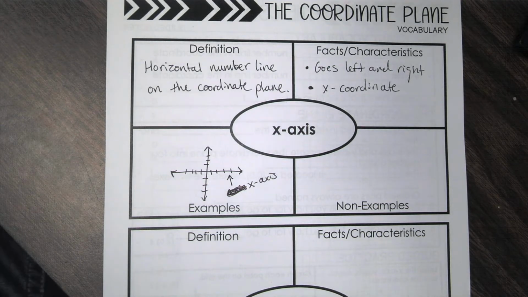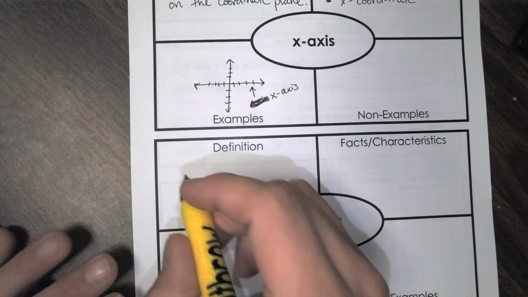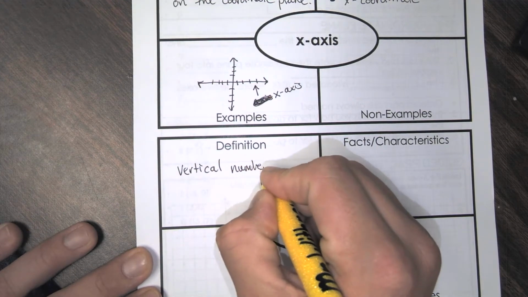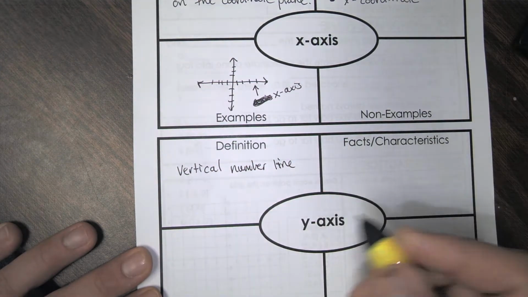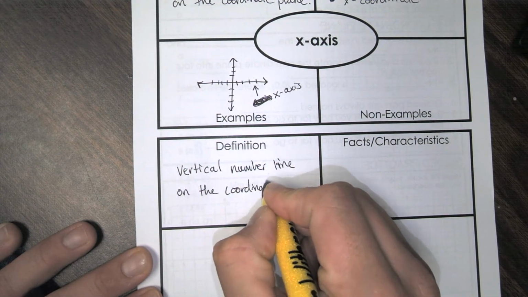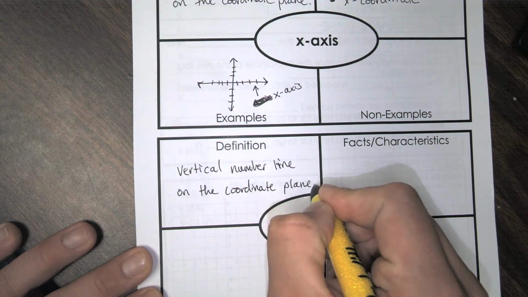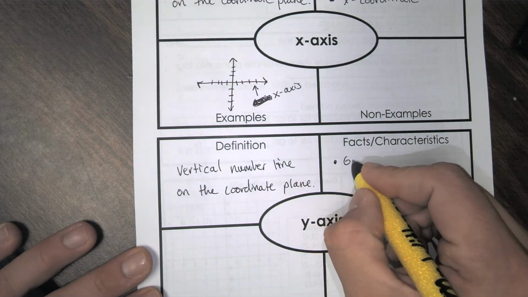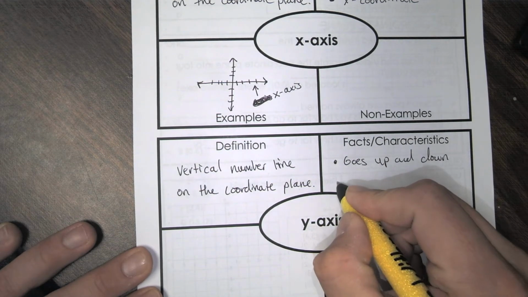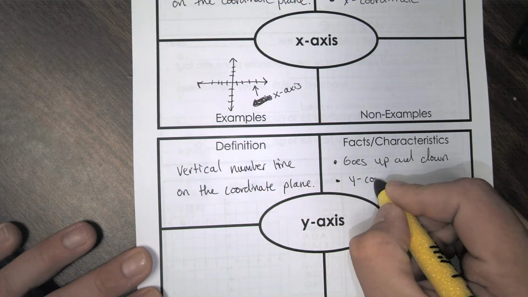And then isn't the y-axis the one that goes up and down? We're getting there. So the y-axis is the vertical number line. That's the one that goes up and down. It's also referred to as the y-coordinate.